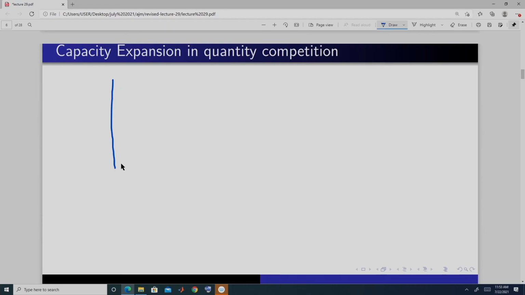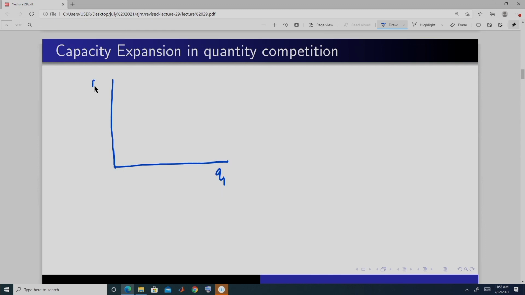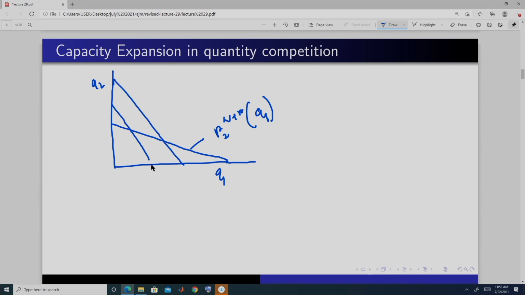Now, in stage 2 we may have a situation where firm 1 needs to expand its capacity. When do we see that? Suppose this is the outcome. This is Q1, Q2. This is the reaction function of firm 2. This point is V, this point is T, and suppose K is here.